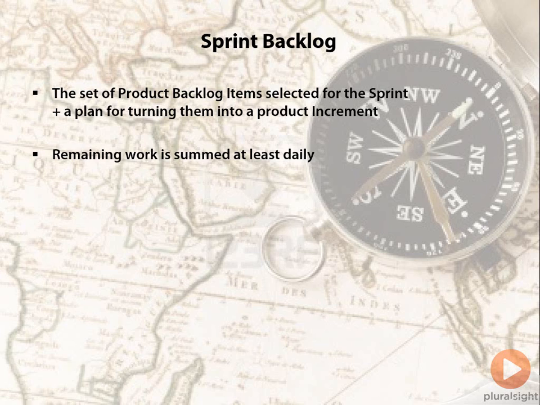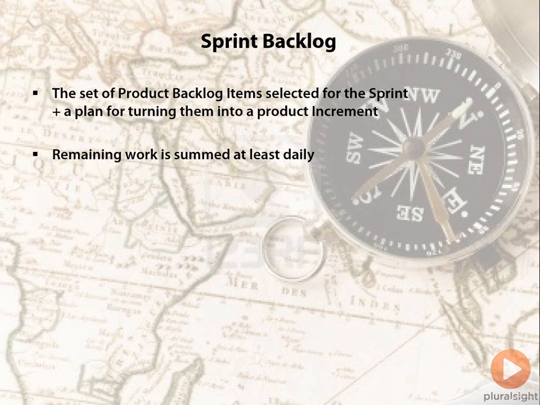Based on that, we want to be able to sum work remaining at least once a day in our sprint backlogs. If we track our work in the sprint backlog as a set of to-do items or tasks, for instance, which a lot of Scrum teams do, we can simply look to see how many tasks are left remaining in the sprint. That's one way to sum remaining work.